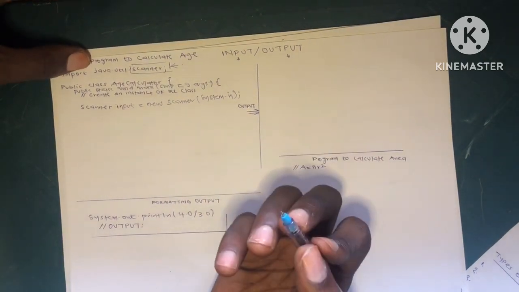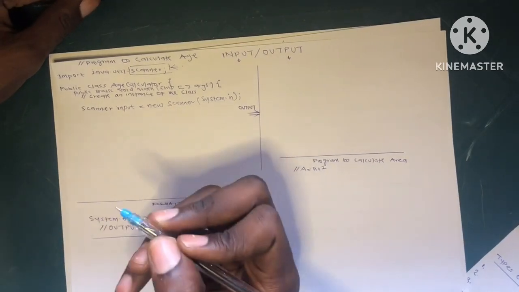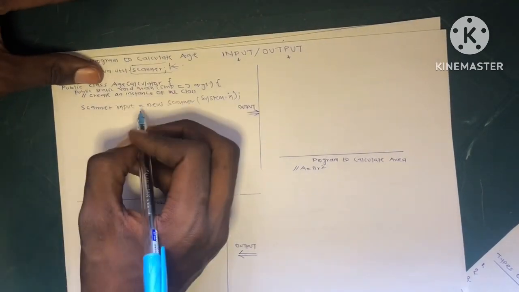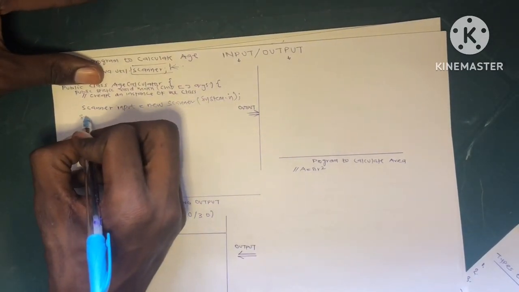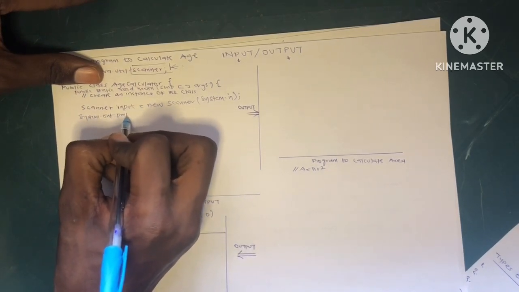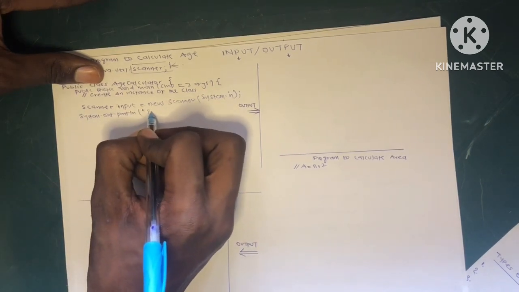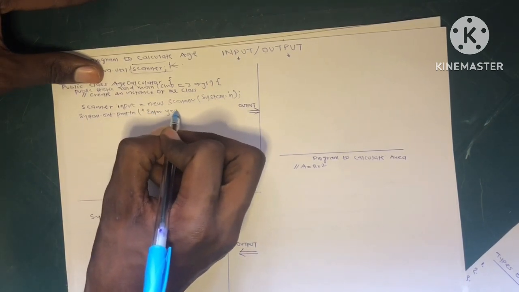At this point, let's ask the user, after creating this, to tell us his age. So we say System.out.println and say "Enter your age".